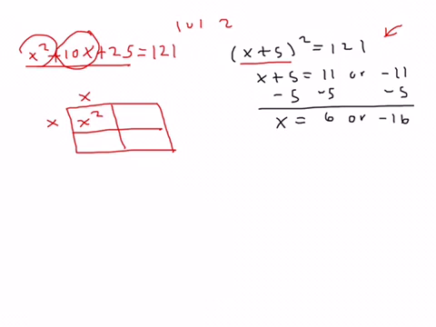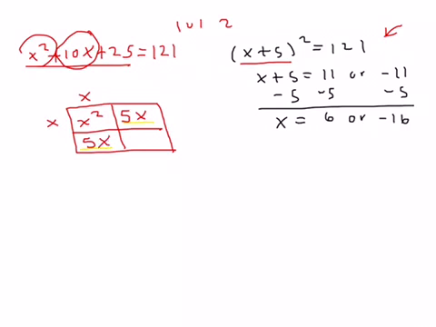In other words, what I put in this box, if it's symmetric, they have to be the same. So I need to take 10x and divide it into 2 equal pieces. How do you divide something into 2 equal pieces? You divide it by 2. So I'm going to make that become 5x and 5x.